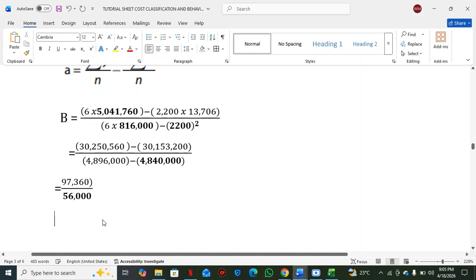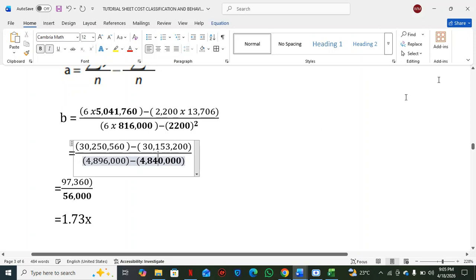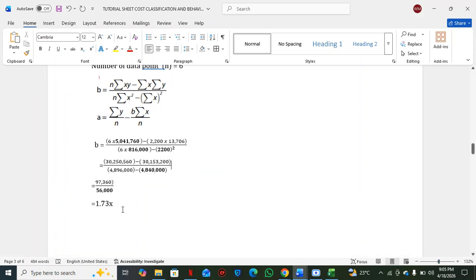That gives 1.73. You don't need to go that far, just two decimal places.